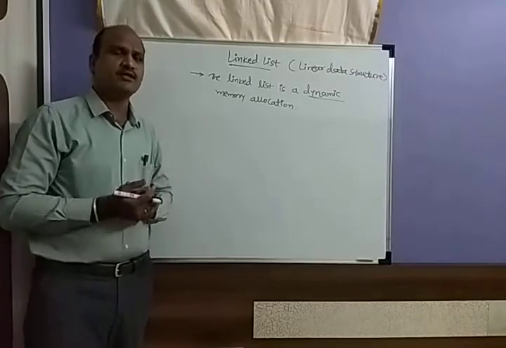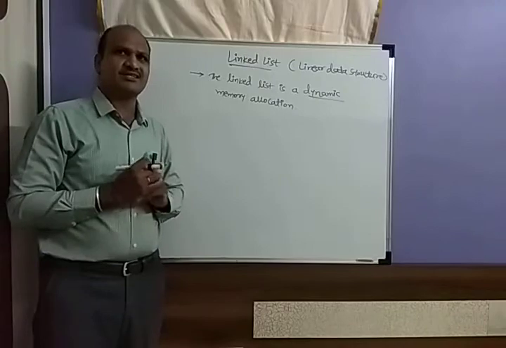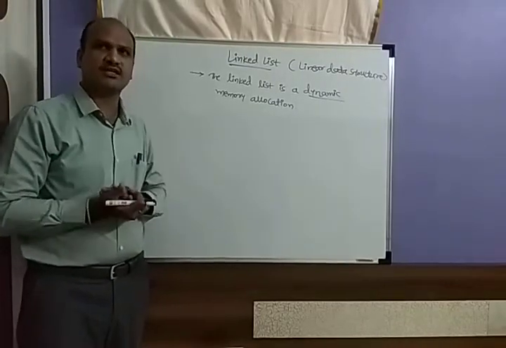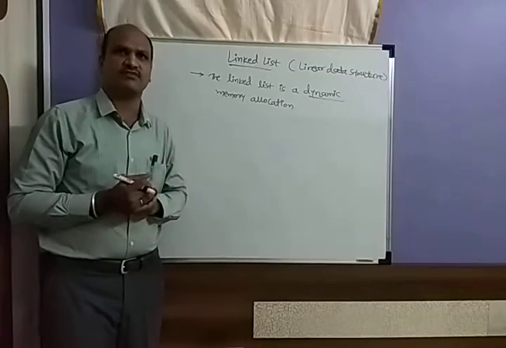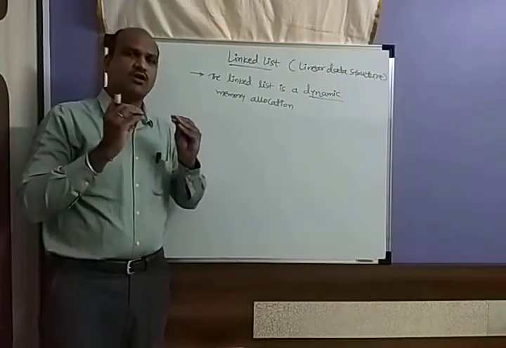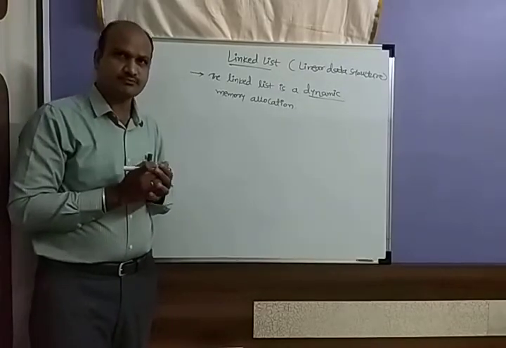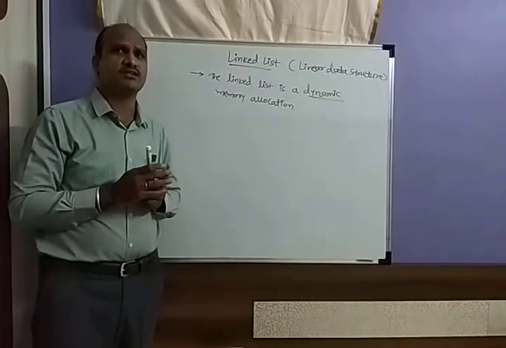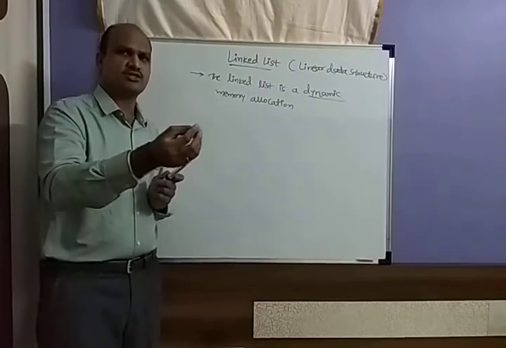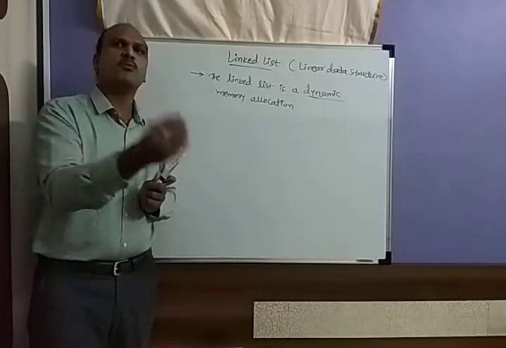And the second point, a linked list is a linear collection of data elements, which we call nodes, and the linear order is given by means of pointers. We point to the next node, that is what we call a pointer.